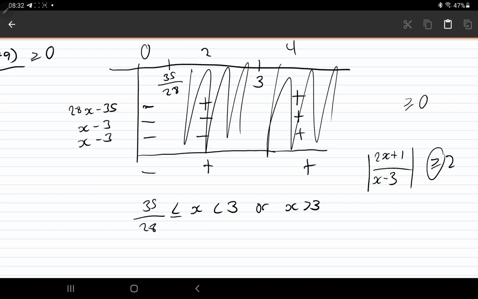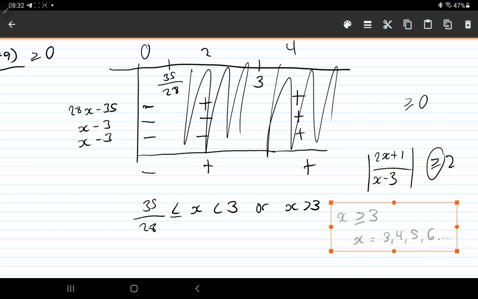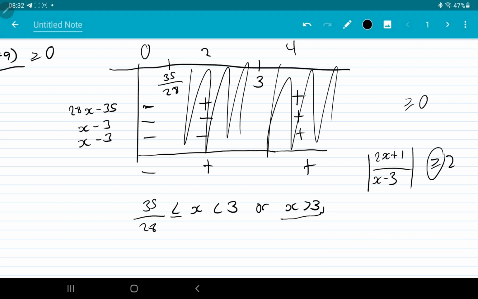Okay, for example, remember, whenever we do an equal sign inequality, for example, x is bigger than 3, this means the set of numbers is 4, 5, 6, and so on. So let's use the example, which is this.